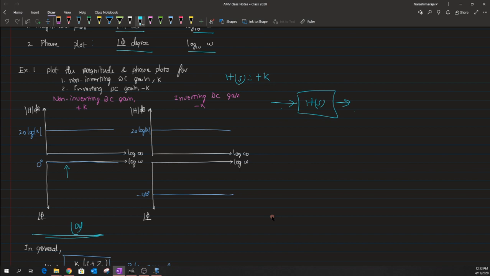Whereas in case we have a DC gain which is just minus K, and there is no frequency dependent term associated with it, which is to say there is no pole or a 0 in this transfer function, then the output response will still have the same constant DC gain throughout the entire frequency range, but the phase angle will be different just because of this negative sign.